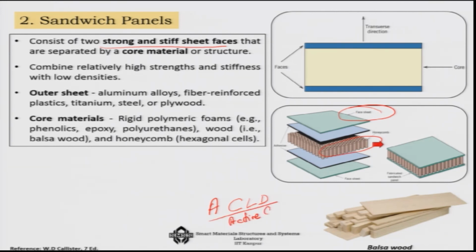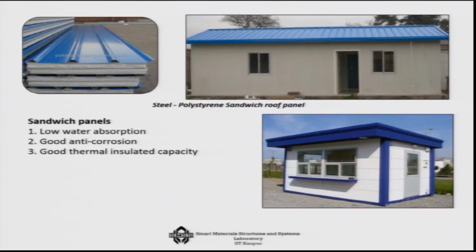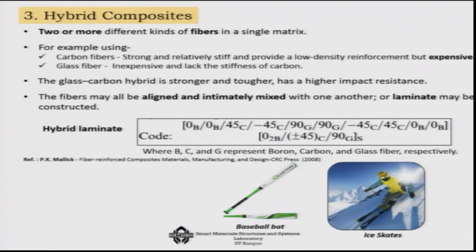In fact, when I talk about one of the applications of vibration control, I will talk about how you can develop such a thing using ACLD type of systems. These are some of the applications of this type of systems, generally for housings etc., because it is very light, but sandwiches are now also applied in space applications.